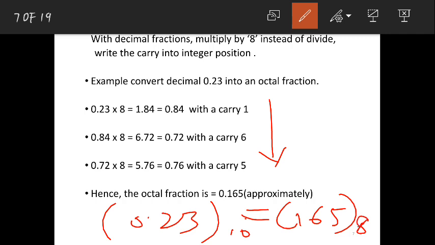So you have converted this 0.23 decimal value to, sorry, I forgot to write the fraction. We are doing a fraction value, so 0 point, after the point these are the digits we need to write. So 0.165. This is your octal value.